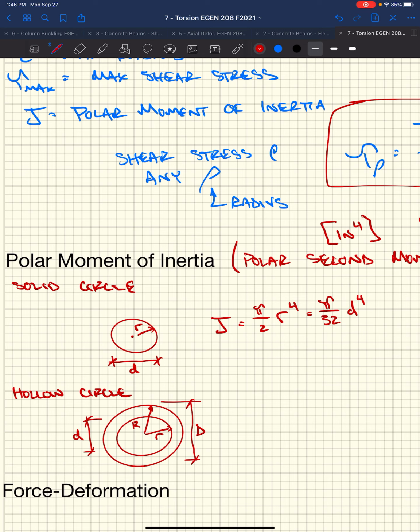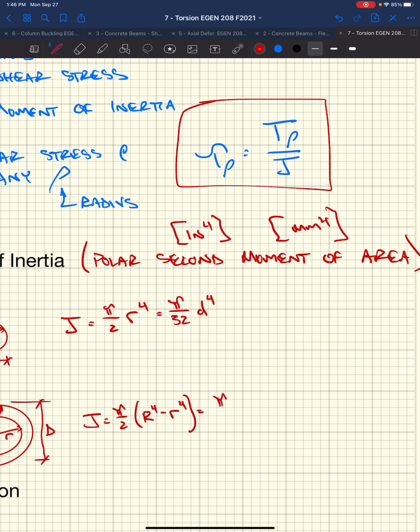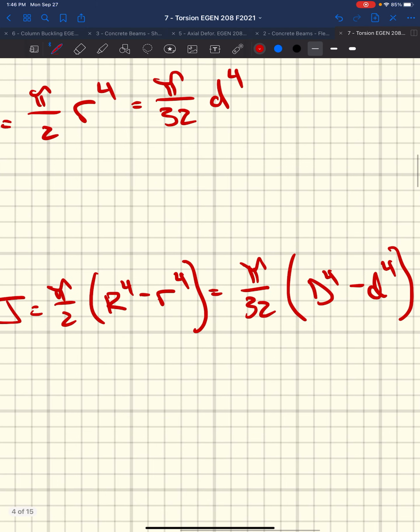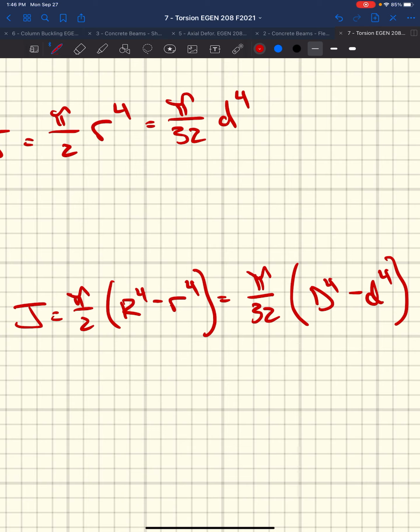The big letters, big R and big D, are the dimensions to the outside of the shaft. If that's the case, our polar moment of inertia is pi over 2 times big R to the fourth minus little r to the fourth. You can imagine, very similar to the solid shaft, except for now we're just taking out that void material. Similarly with diameter, we've got big D to the fourth minus little d to the fourth times pi over 32.